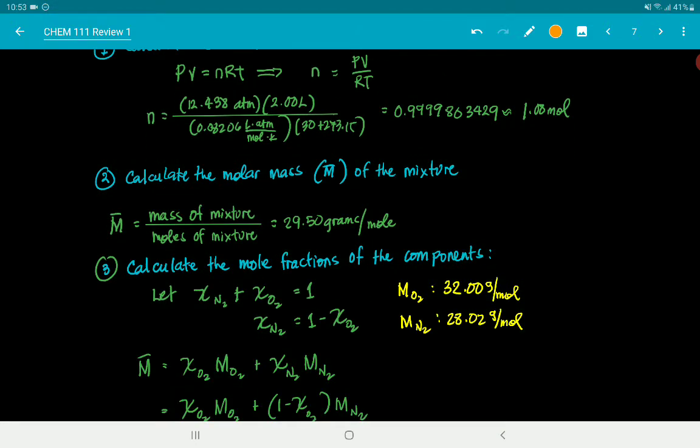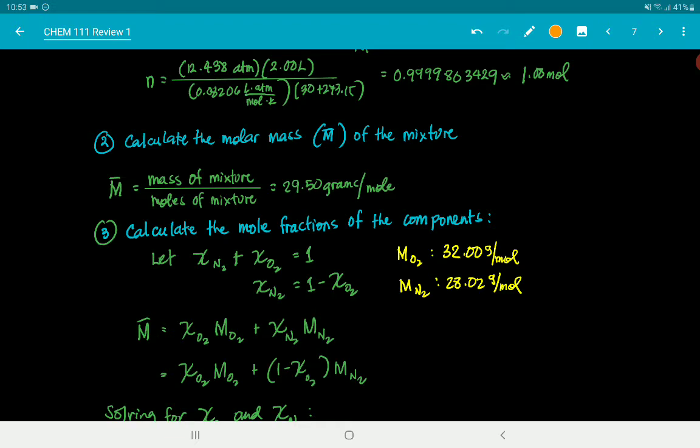So the next thing to do is to calculate the mole fractions of the components based on the average molar mass. So the equation for the average molar mass is this one. The unknowns here are yung mole fraction of O2 and mole fraction of N2. So to get the mole fractions, we have this relation. The mole fraction of N2 plus mole fraction of O2 is equal to 1. So therefore, the mole fraction of N2 is equal to 1 minus mole fraction of O2.